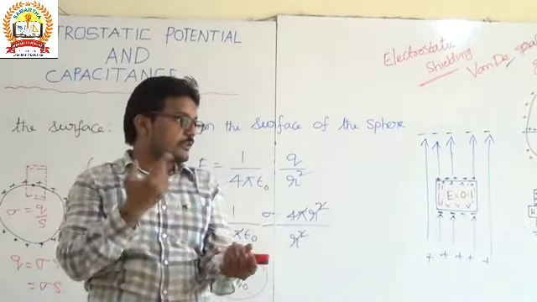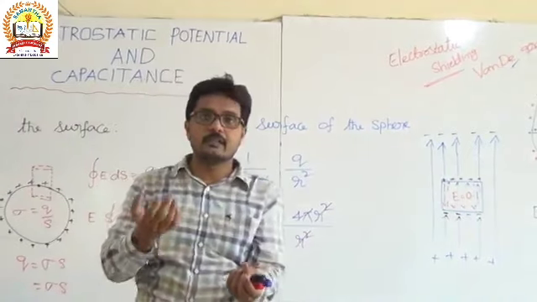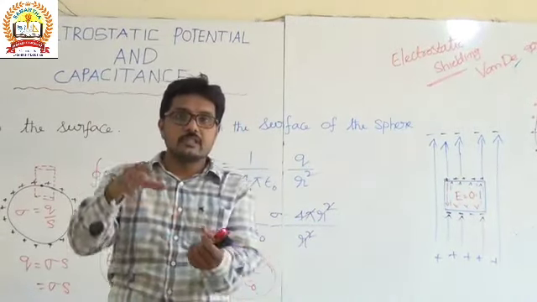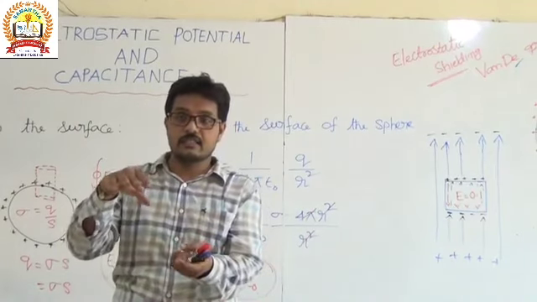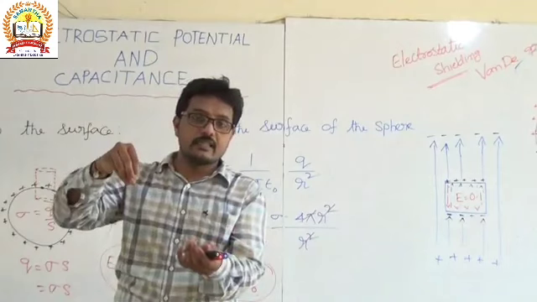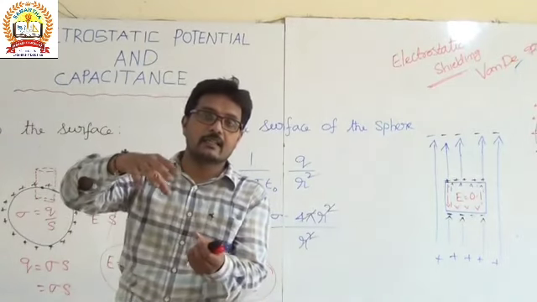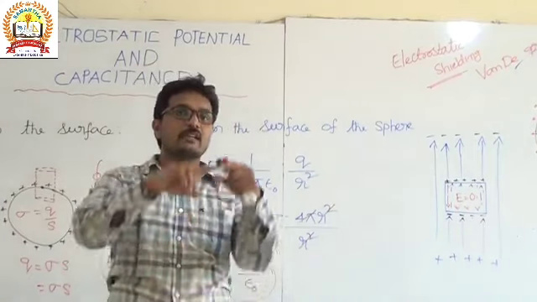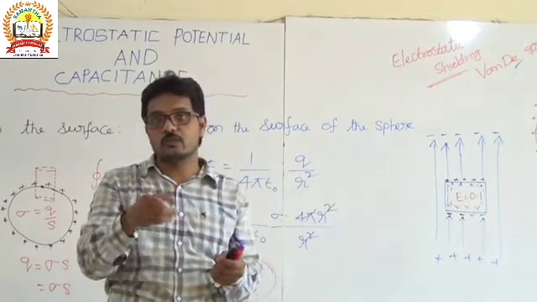And one more example in our daily life, at the time of lightning, if you sit inside the car, which is a metallic conductor, the lightning cannot affect that person, because electric field inside the conductor will be equal to 0.